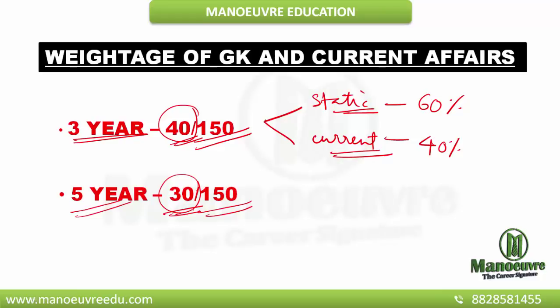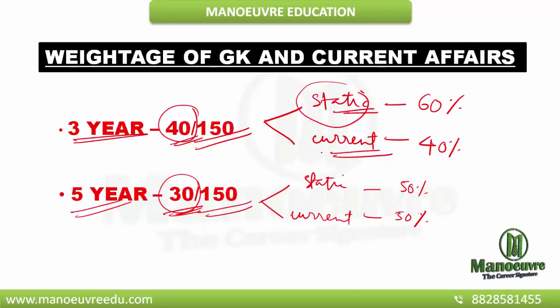Whereas for the 5-year course, the bifurcation is going to be around 50% and 50%. So we can see that static and current affairs both play a very important role in the MH Law CET exam, and therefore our focus should be on both topics equally.